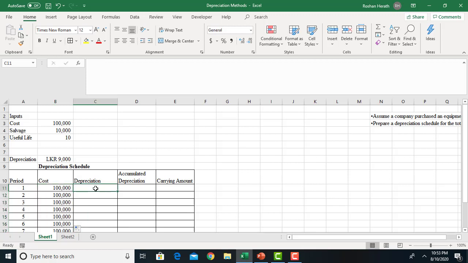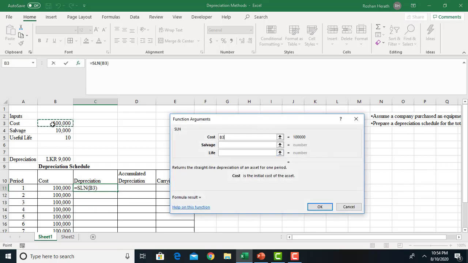Then the depreciation. The depreciation also is not going to change. Earlier you computed that, and you can even make reference from there, but here let me compute that one more time. It's under the straight line method.